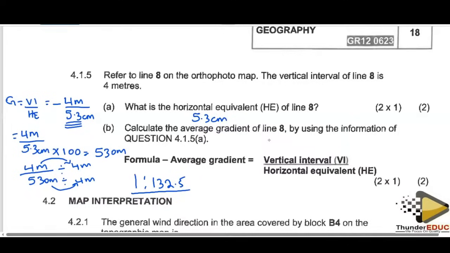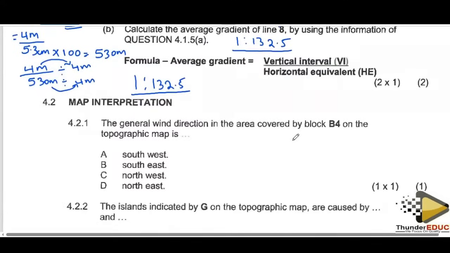Which is the same as 530 meters after the conversion. Then for this one, number B, our answer would be 1 to 132.5.